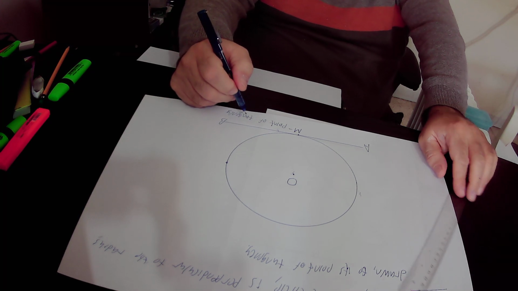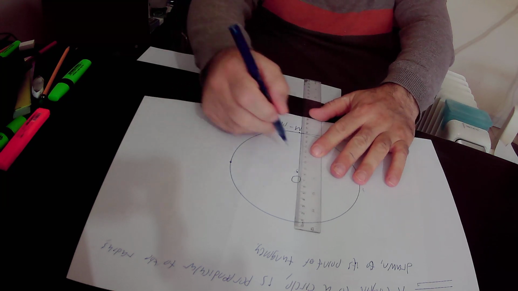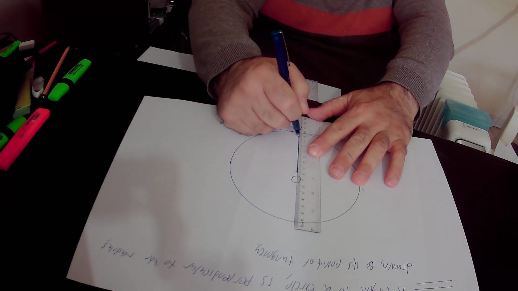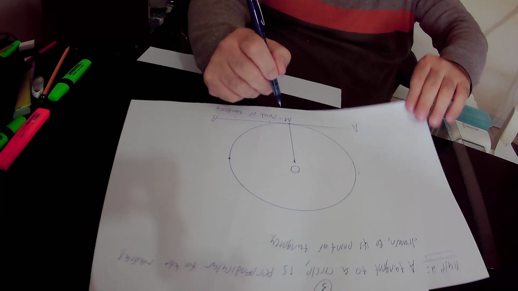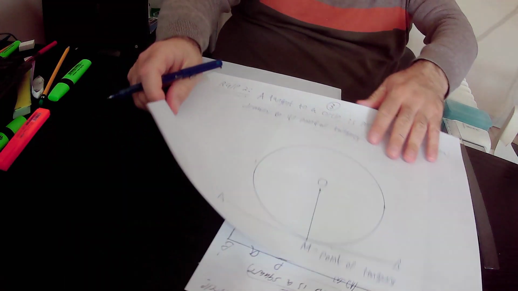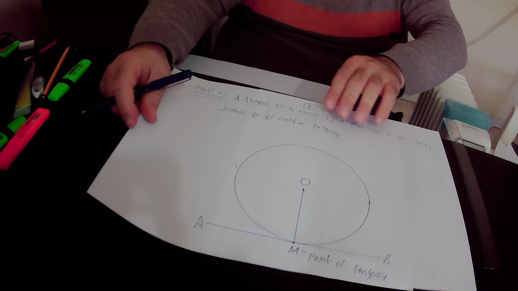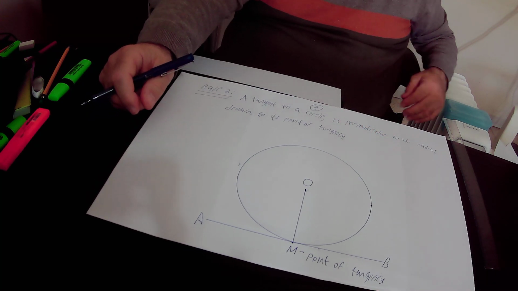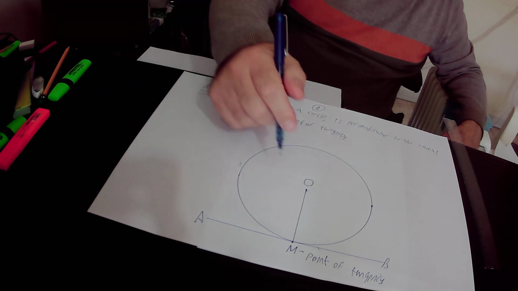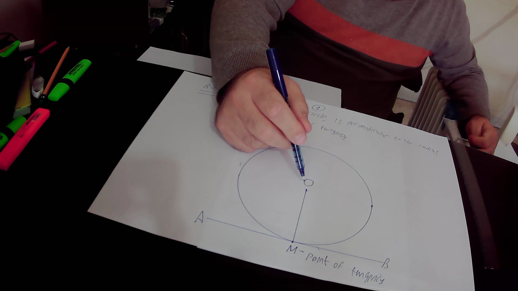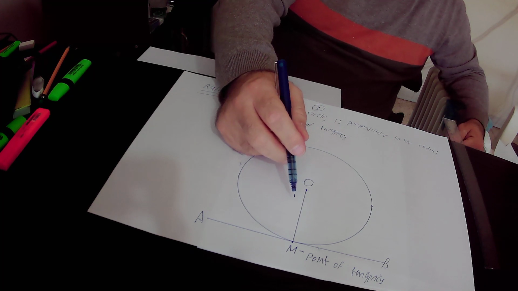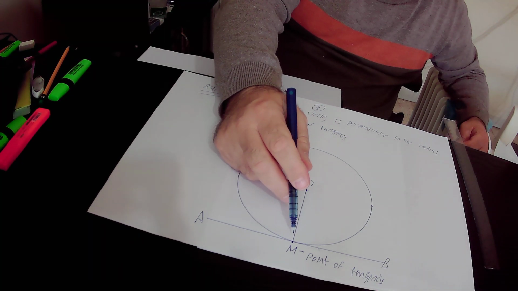We will join points O and M together by a straight line, OM. Line segment OM is the radius of this circle because it starts from the center of this circle, that is to say from point O, and ends at point M, a point on the circle itself.